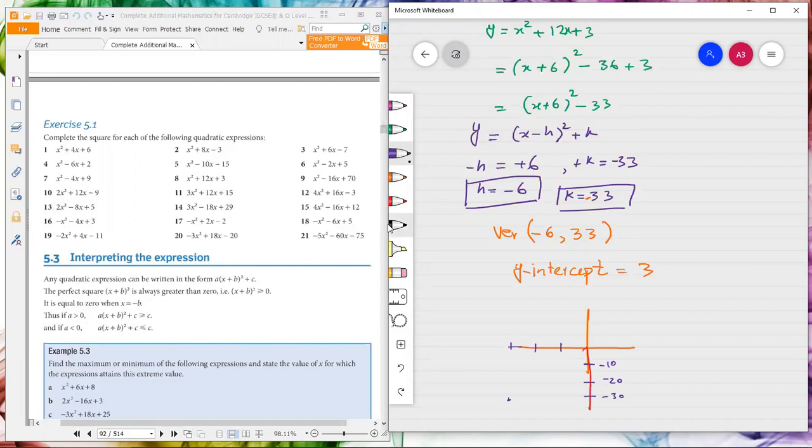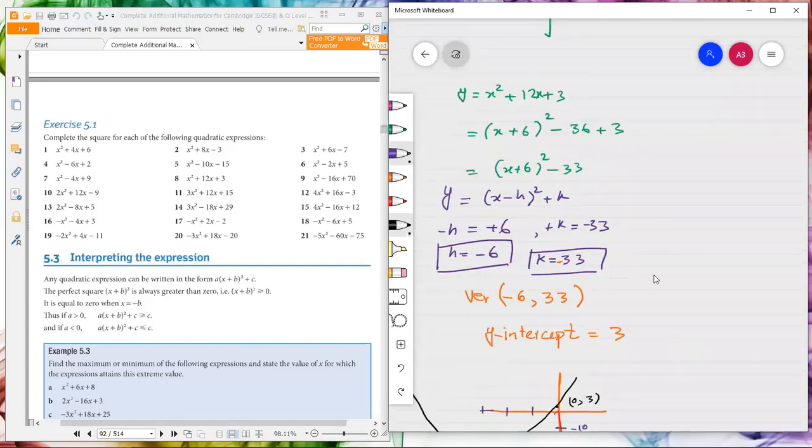When you draw the curve of this function, here it would be 3. In this way, you can draw the quadratic function, and mention the minus 6 and minus 33 vertex of the quadratic graph, while 0 and 3 is the y-intercept. This is type 1.